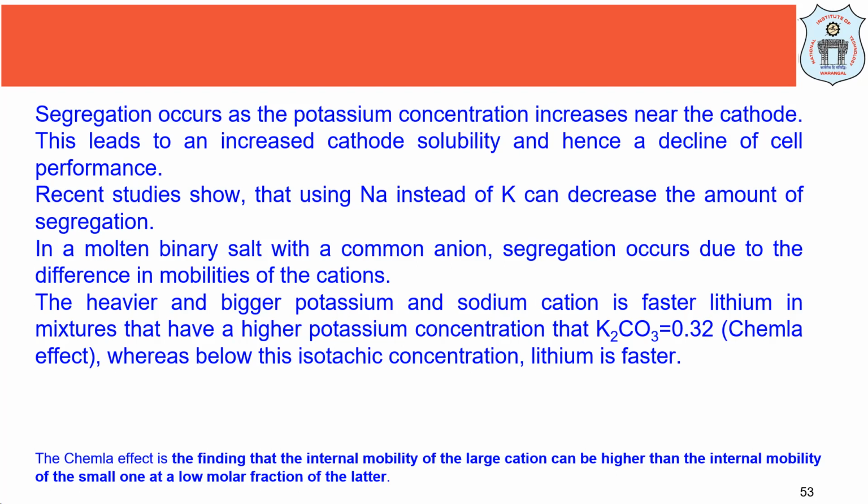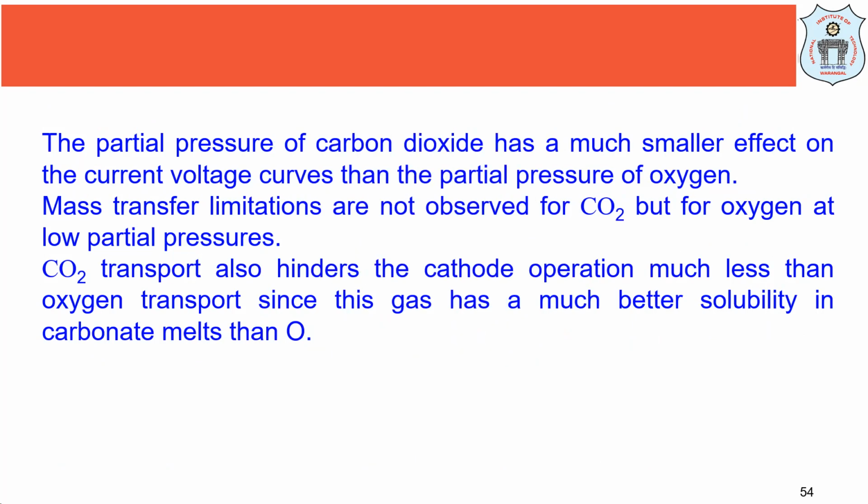The heavier and bigger potassium cation is faster than lithium in the mixture that has a higher potassium concentration of 0.32. So we are having the Kemla effect, whereas below this isotoxic concentration, lithium is faster.